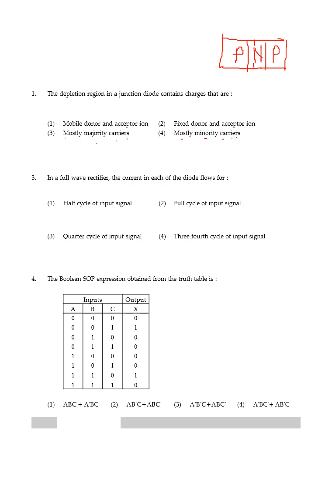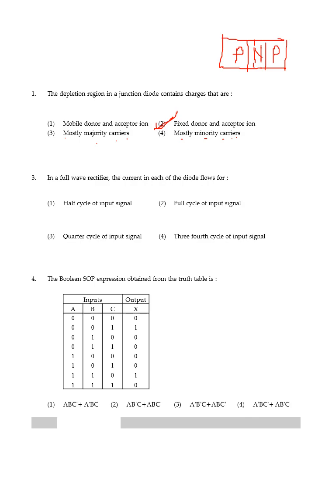So it may be the donor or the acceptor. So the answer is immobile, or we can say fixed, so fixed donor and acceptor ion. So the answer is 2.